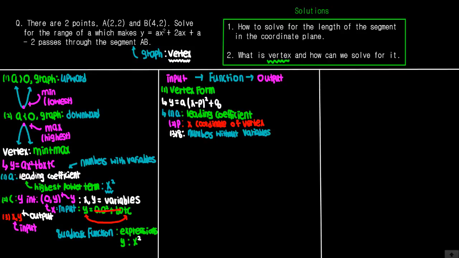It is going to be a constant. A constant means it is just a normal number, or something without any variables.